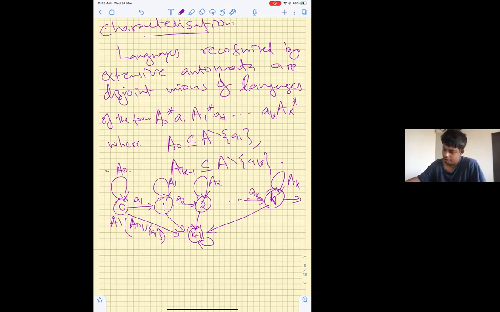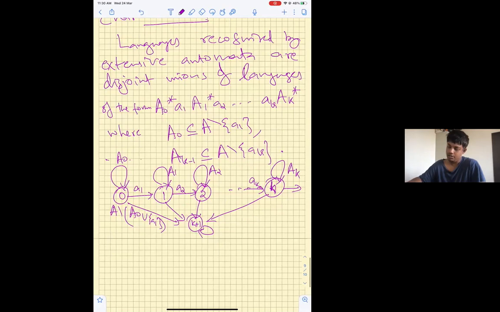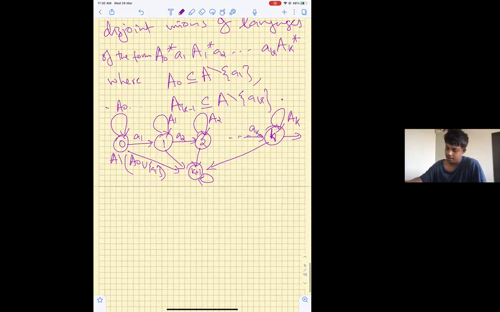So this automaton recognizes the language A0 star A1, A1 star A2, up to Ak star Ak, Ak star. But now I see that we need to make an NFA of this kind, with a different regular expression. So let's do the other direction, then we come back to this and discuss the NFA.